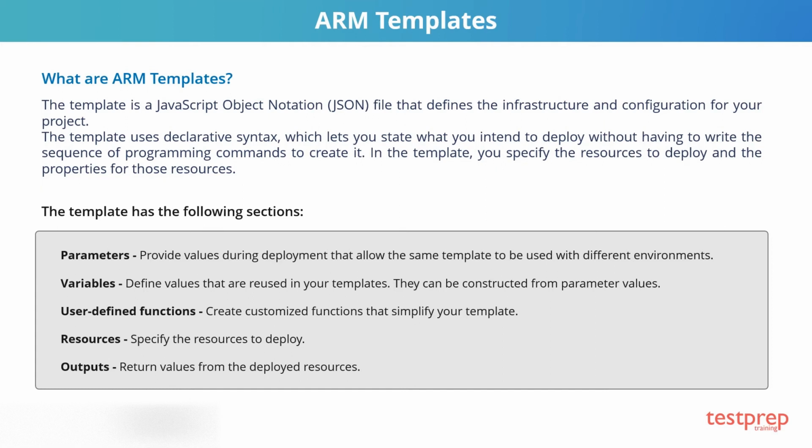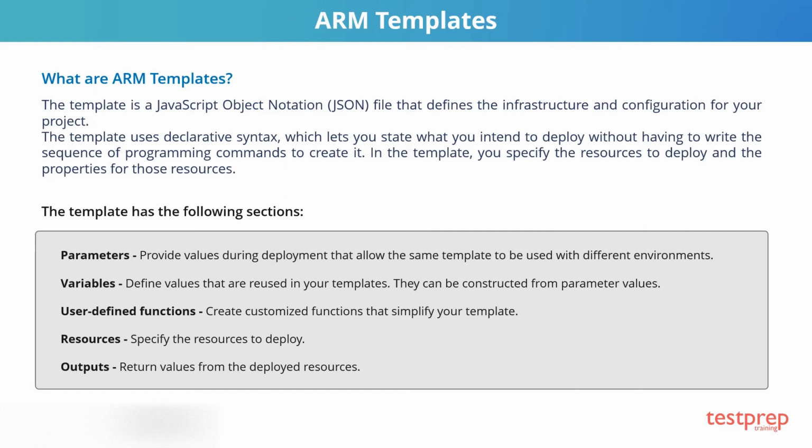Within your template, you can write template expressions that extend the capabilities of JSON. These expressions make use of the functions provided by Resource Manager. The template has the following sections. 1. Parameters. To provide values during deployment that allow the same template to be used with different environments. 2. Variables.